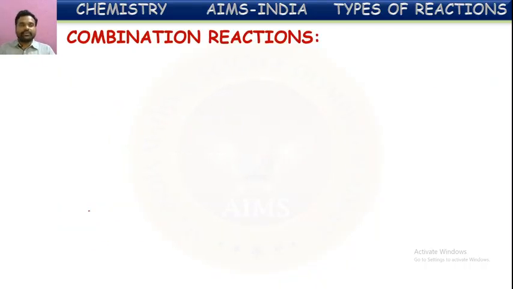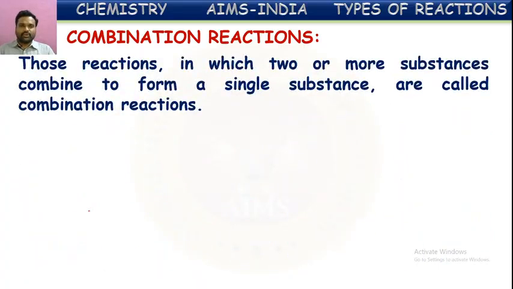First among them is combination reactions. Those reactions in which two or more substances combine to form a single substance are called combination reactions. That means in some chemical reactions, two or more substances combine to form a new substance.